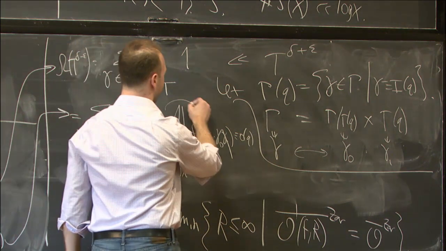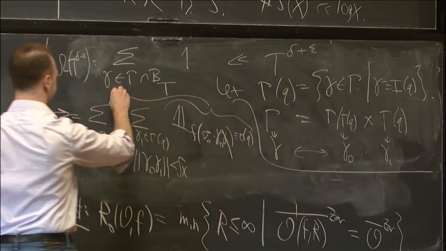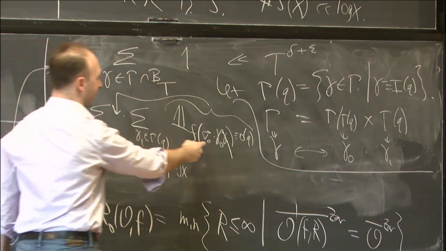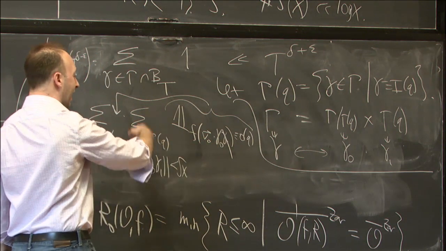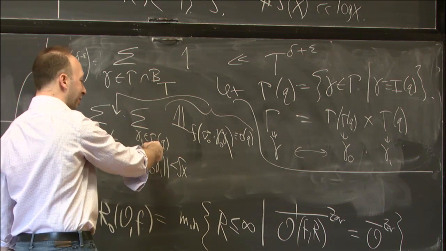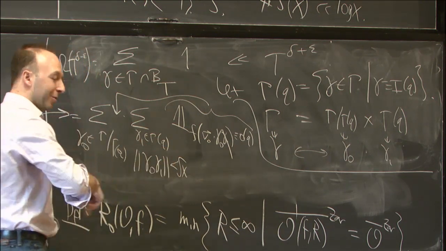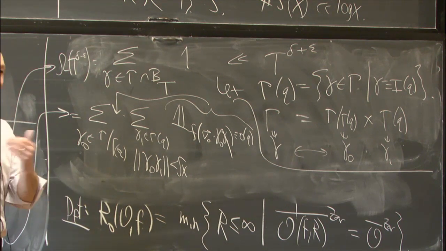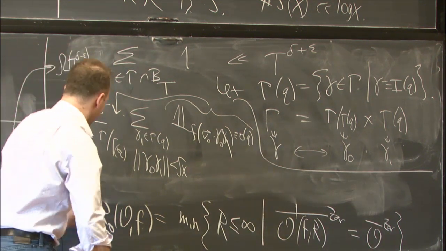So this indicator function pulls back to here. It does depend on gamma 0, but it does not depend on gamma 1. And now all you need to know is how do you count in progressions in the group in Archimedean balls uniformly over cosets. That's where the spectral gap, the Archimedean spectral gap, comes in.